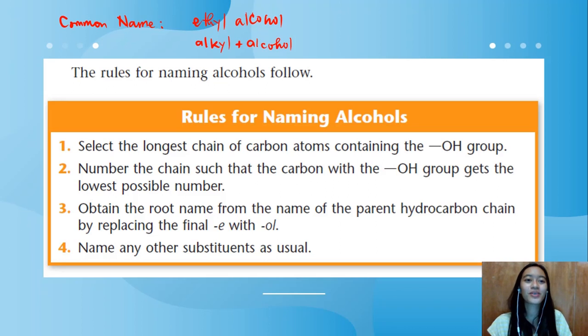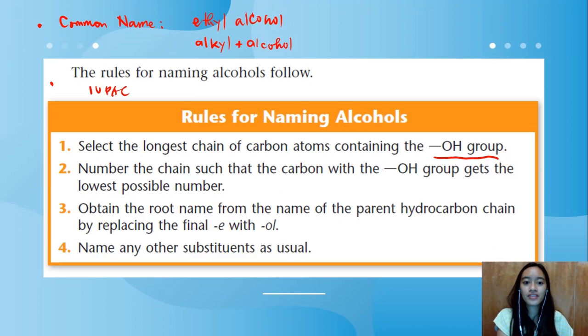That's the common name. So the rules for naming in the IUPAC system: number 1, select the longest chain of carbon atoms containing the OH group. Again, always find that longest chain that contains this special group.